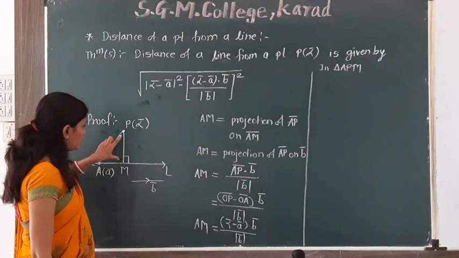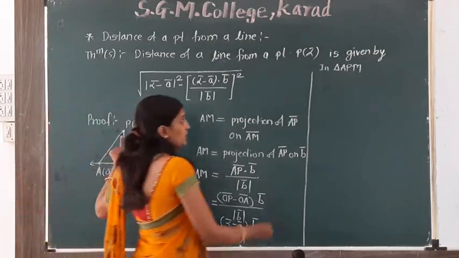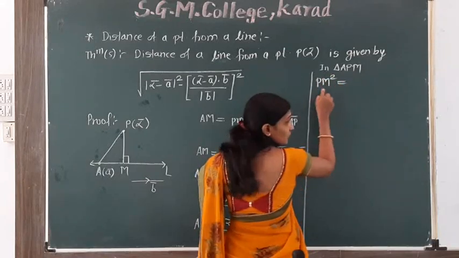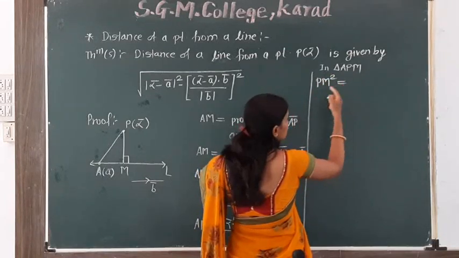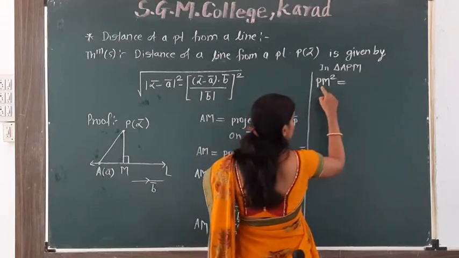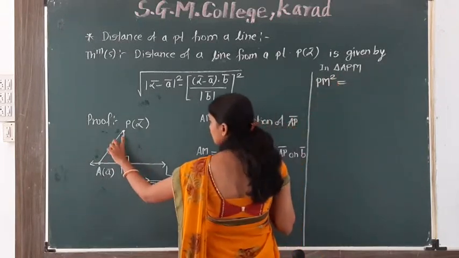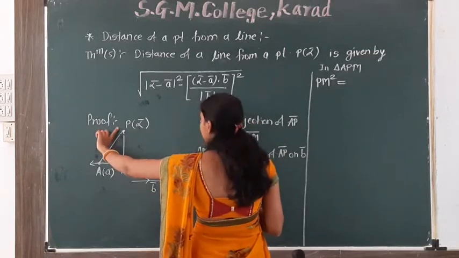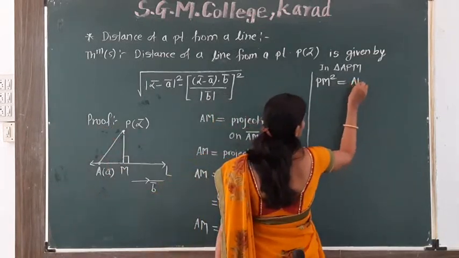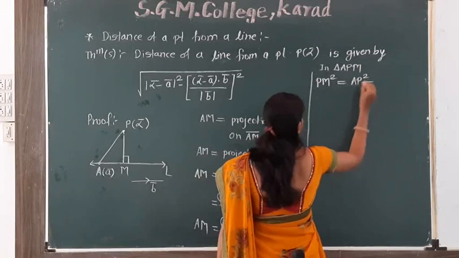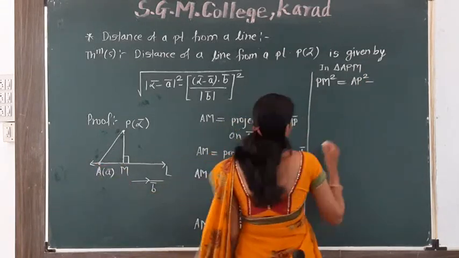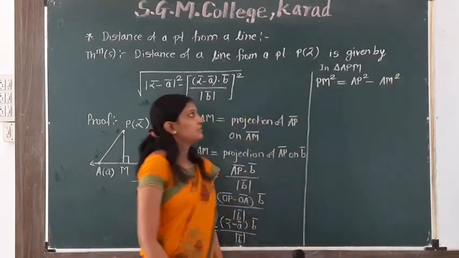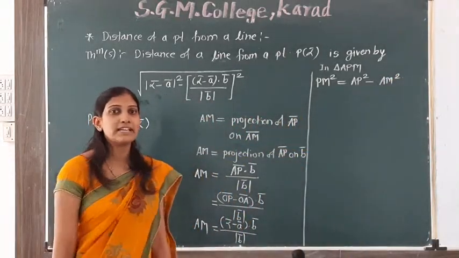But we have to find the value of PM, so we rearrange the terms. That is, PM square is equal to AP square minus AM square.